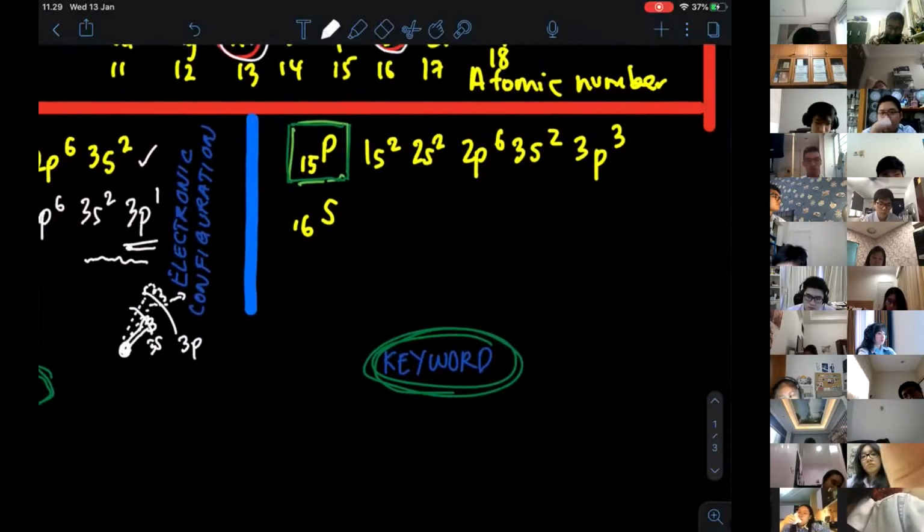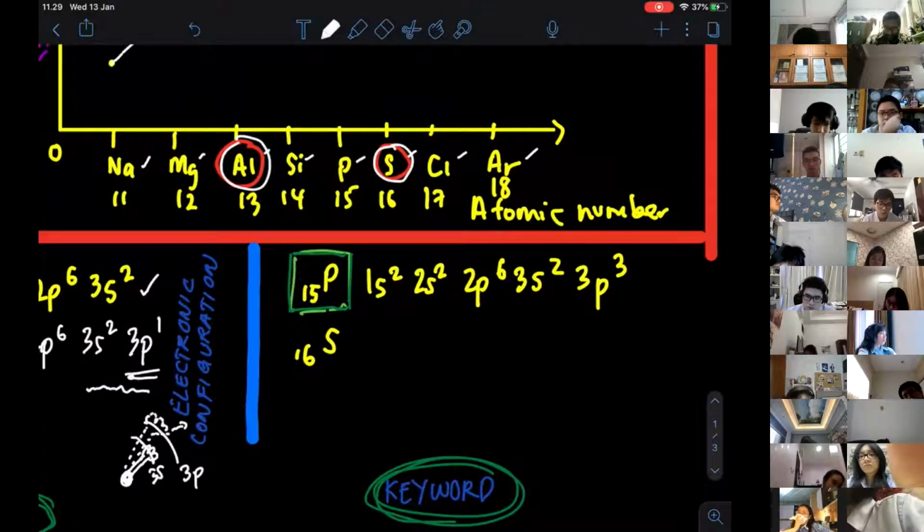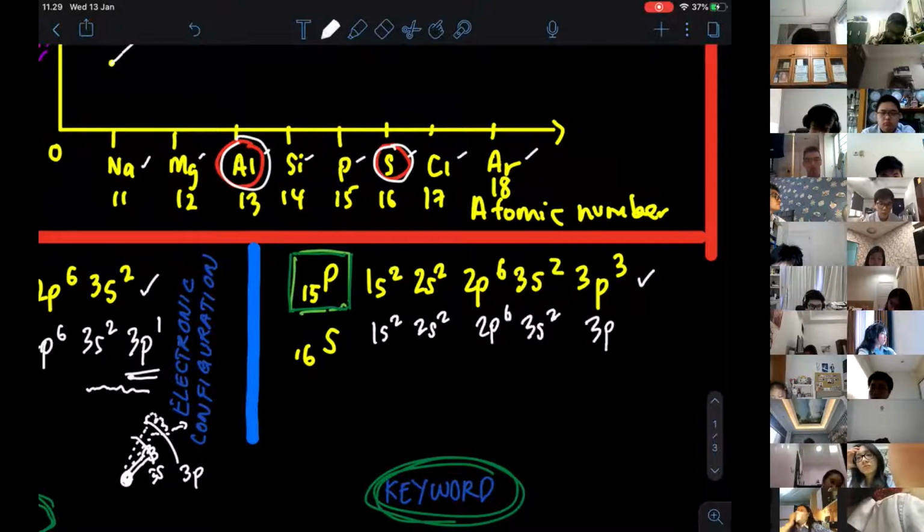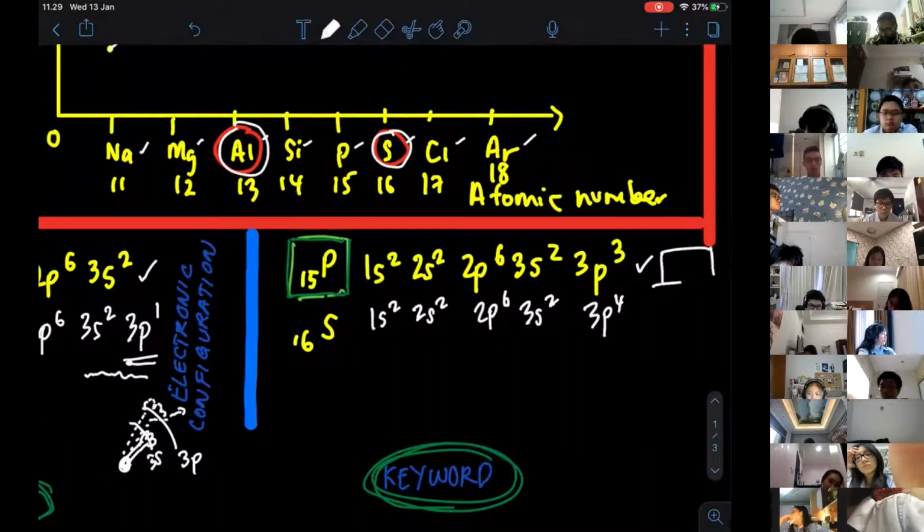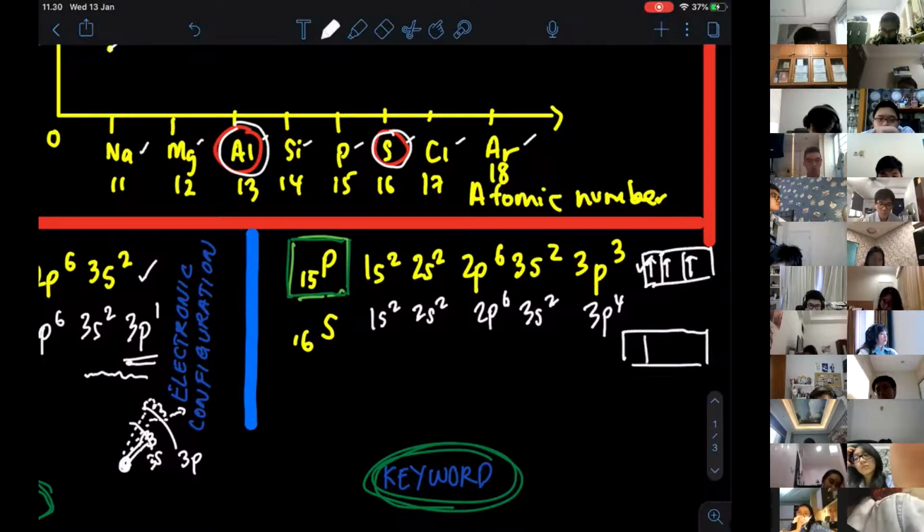And for phosphorus and sulfur, this is the electronic configuration for phosphorus, and for sulfur the electronic configuration will be something like this, 3p4. If I want to draw in the form of boxes, the electrons will come over here, over here, and over here. All the orbitals in 3p will be singly filled. But when it comes to 3p4 for sulfur, there are electrons 1, 2, 3, and then one of the orbitals is going to be paired.